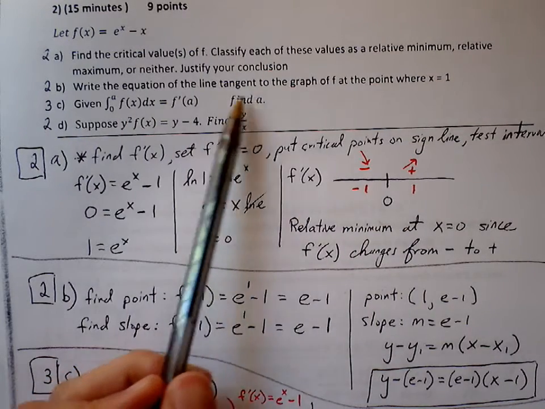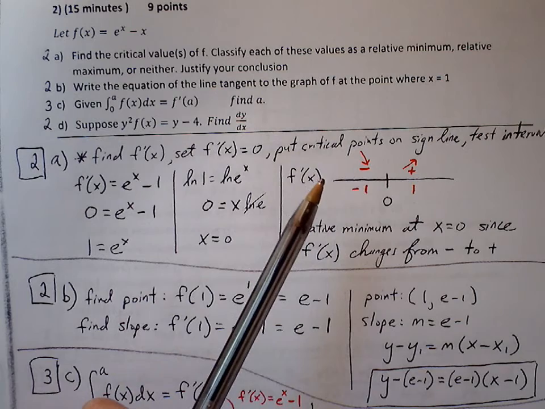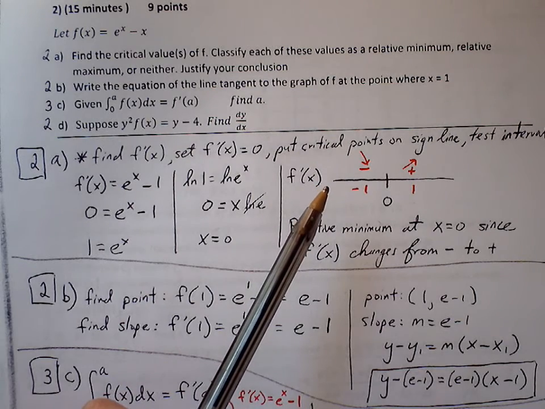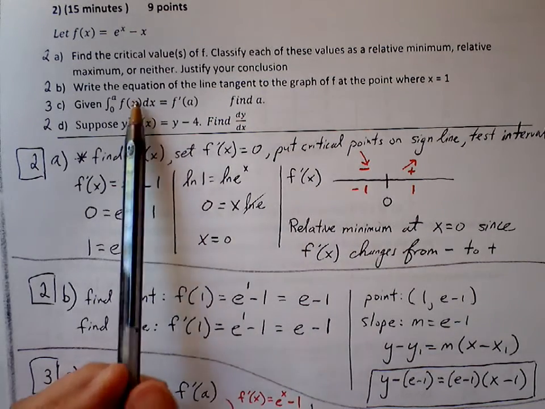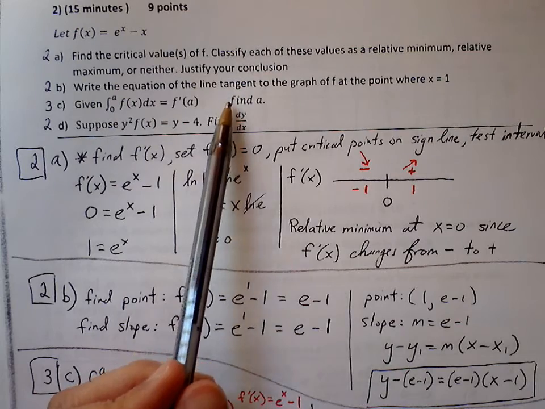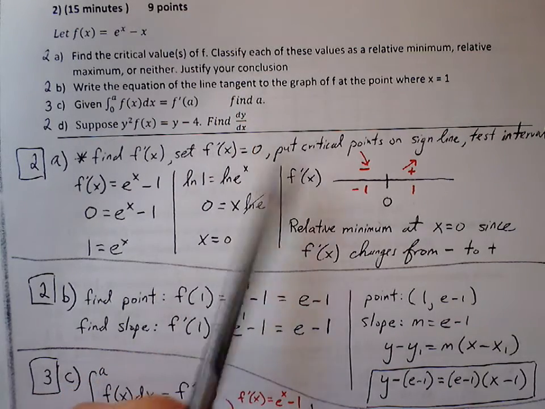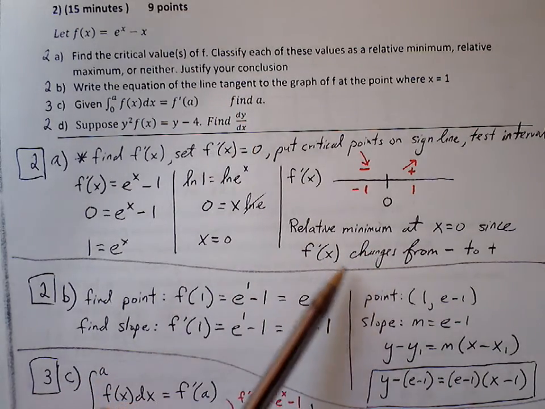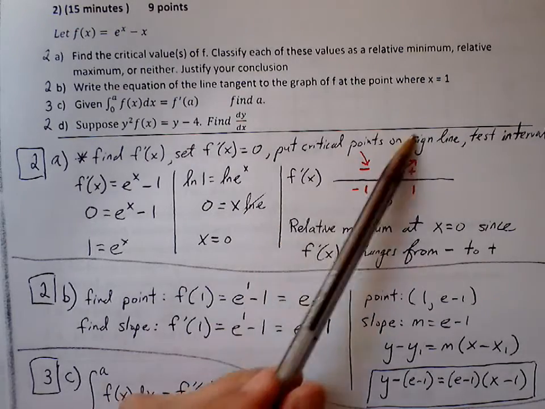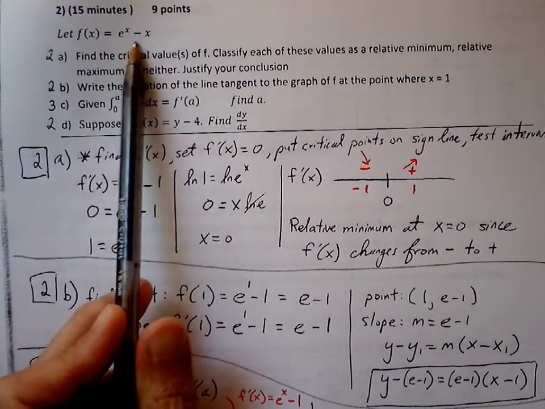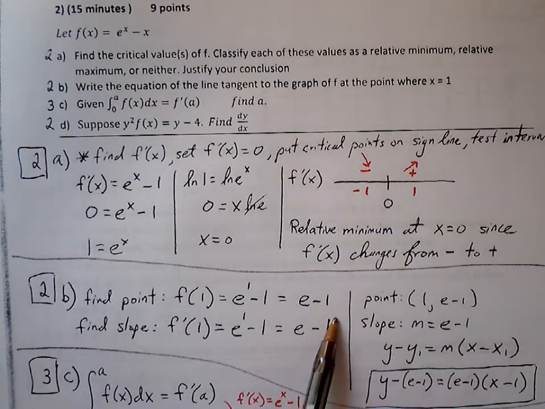Part B, write the equation of the line tangent to the graph of f at the point where x is equal to 1. So tangent line equation just requires us to find the ordered pair and the slope. So the ordered pair we can find by plugging 1 into the original function. So e to the 1 minus 1 is just e minus 1.